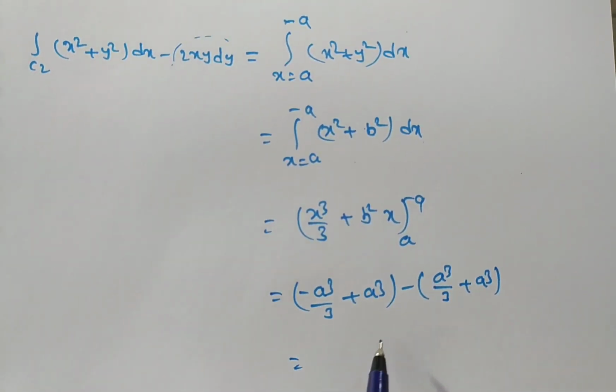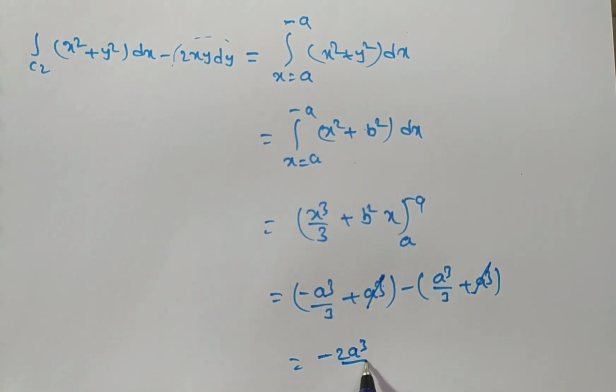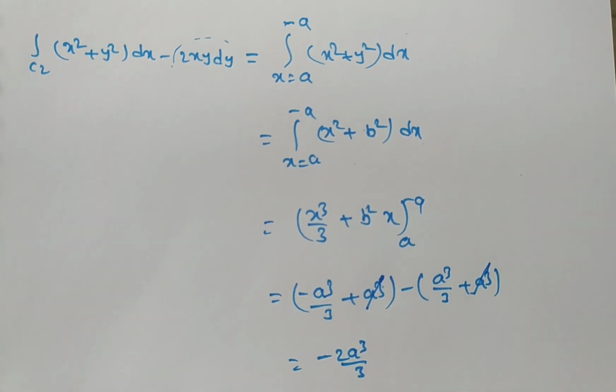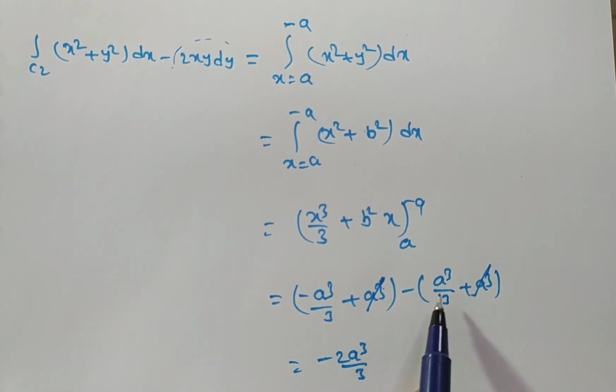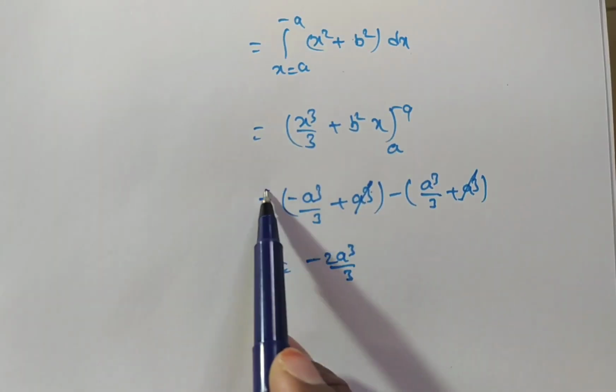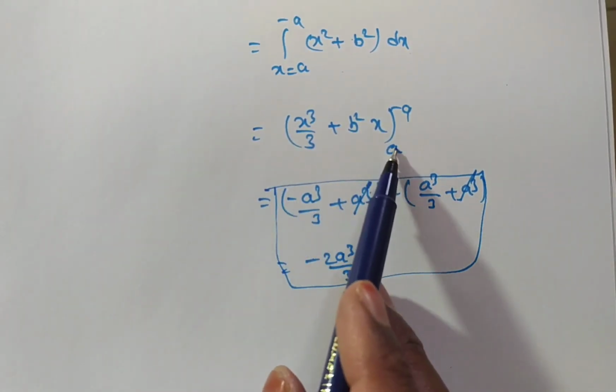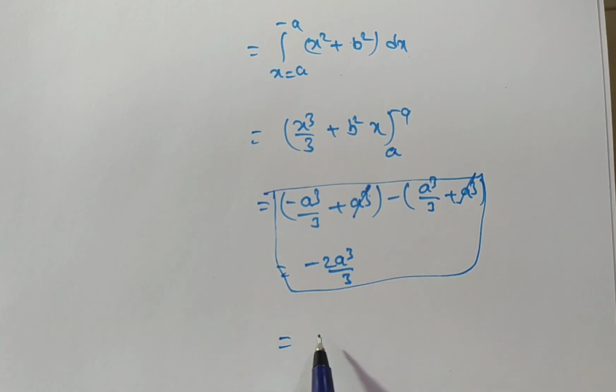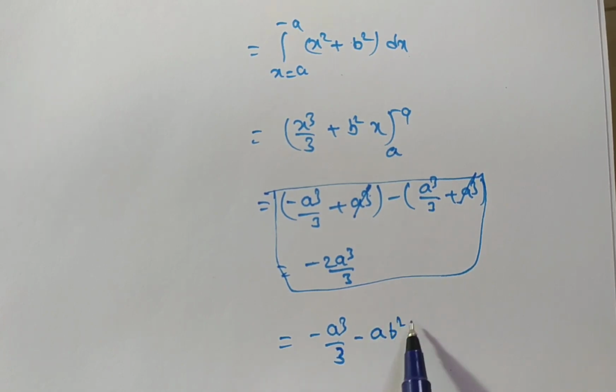Now you see this, plus a cube minus a cube getting cancelled. Minus 2a cube by 3 is the, sorry, here both are the same only. Sorry, here you see I have made a small mistake. If I substitute the upper limit, then you will have minus a cube by 3. Next, here x is equal to minus a, so you will have minus a b square. This is the upper limit.